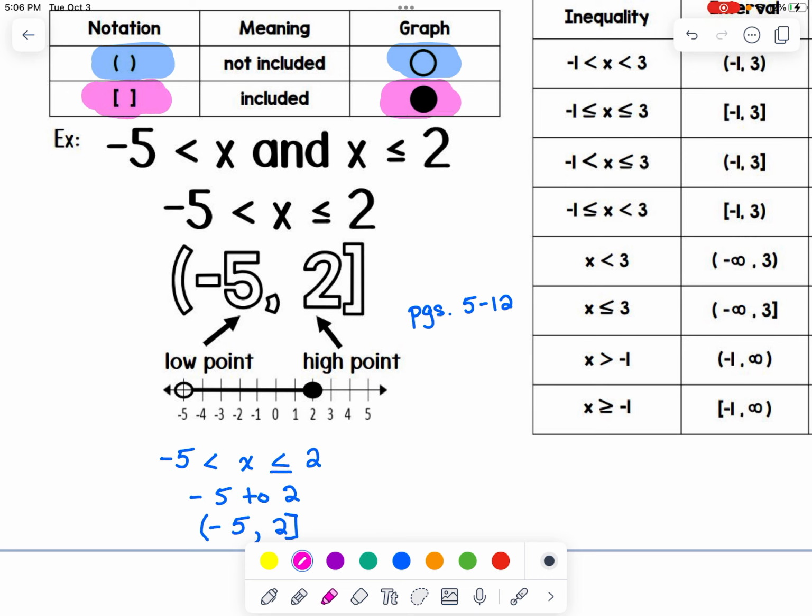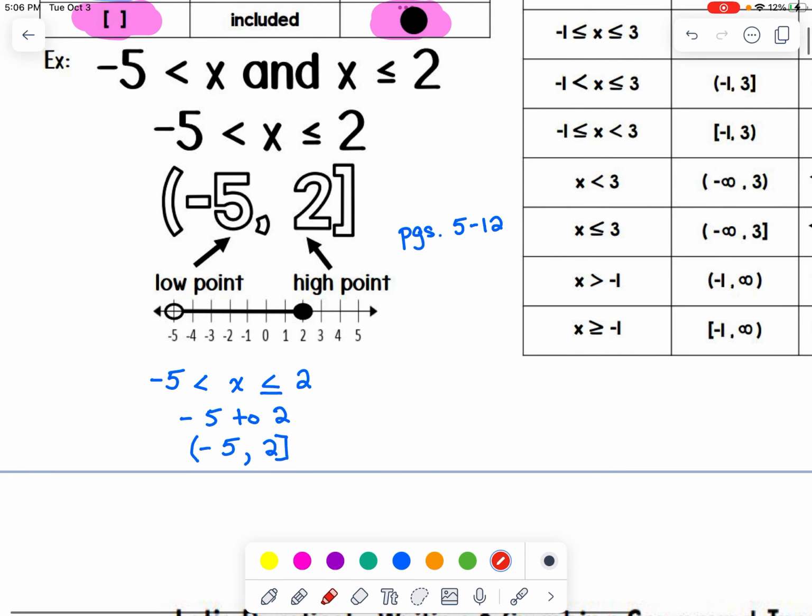But there's one other thing here that we don't really have on this little chart. Let's say we had a simple inequality: x is greater than or equal to 3.